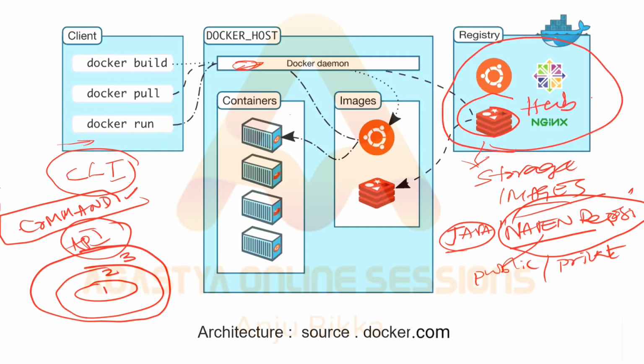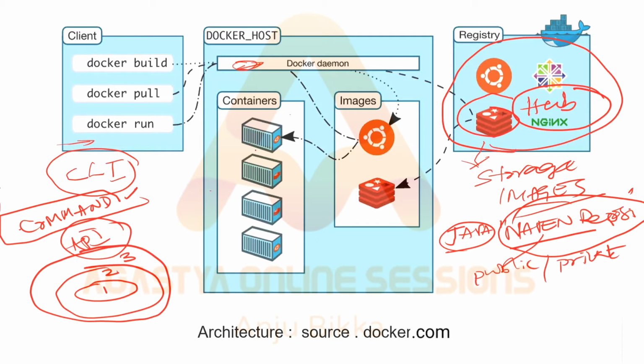Docker Hub is a public Docker repository. We will discuss in upcoming sessions how to set up a private repository and how to change the configuration of Docker to look for images in the private repository.